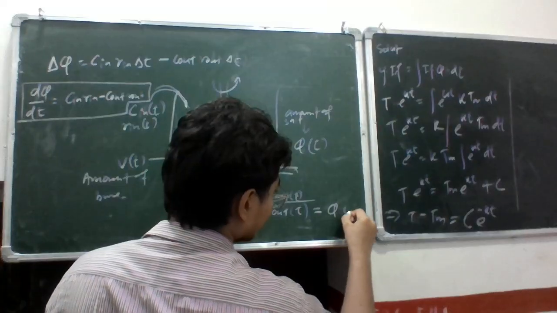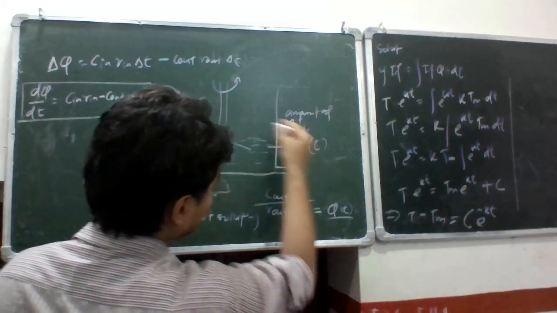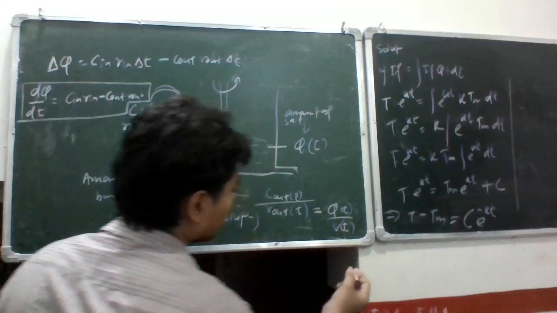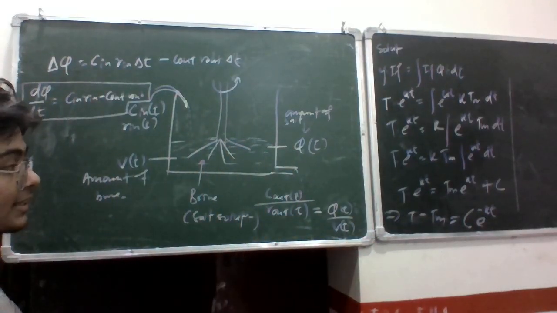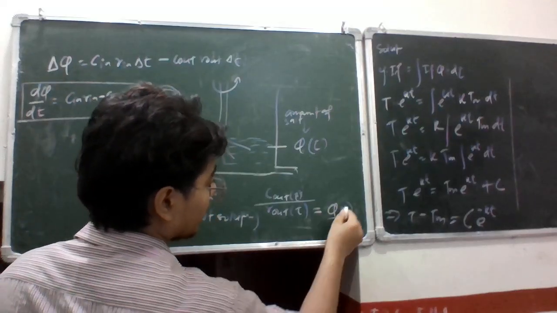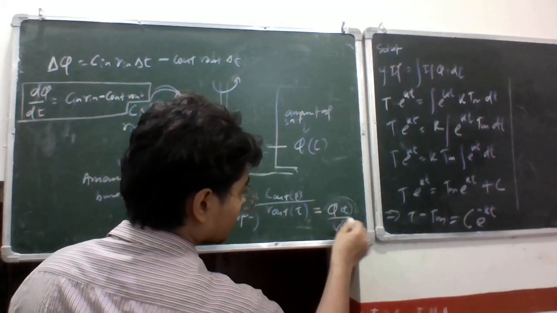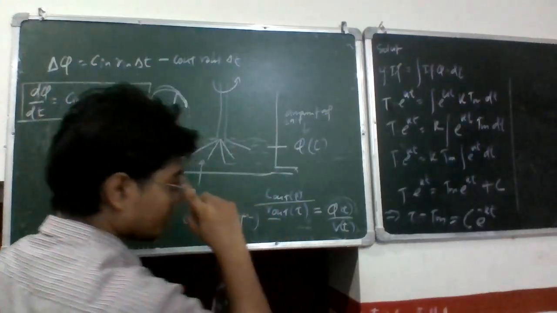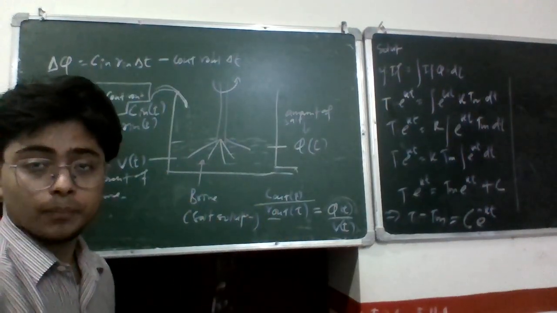The outflow can also be written as the amount of salt dissolved per unit volume of the solution. That is the rate, because we know that the concentration is equal to the amount of solute by the amount of solvent. So we can think of this rate as a concentration.